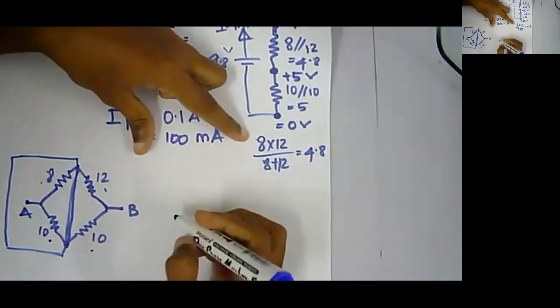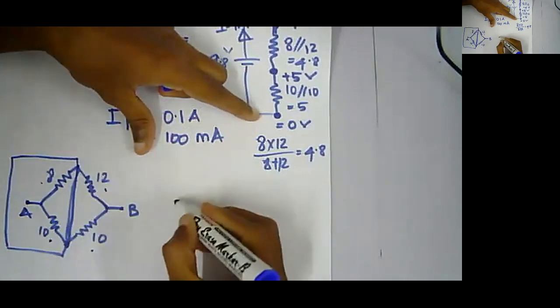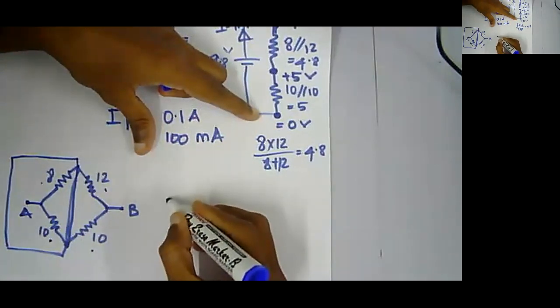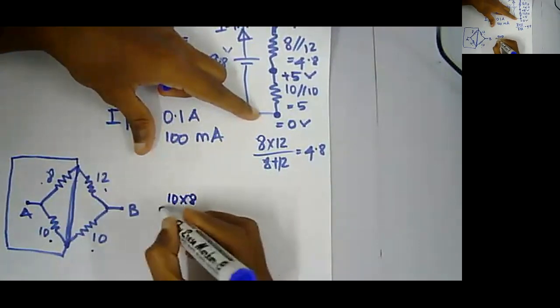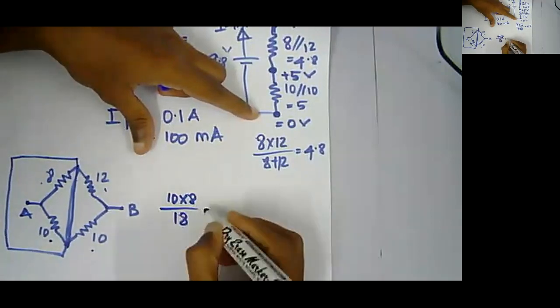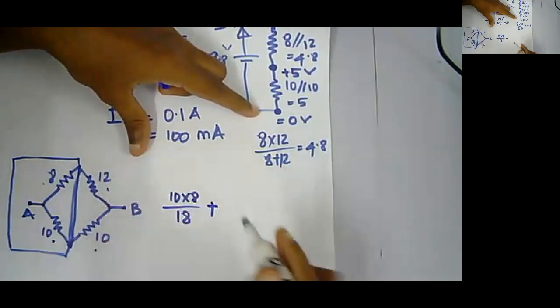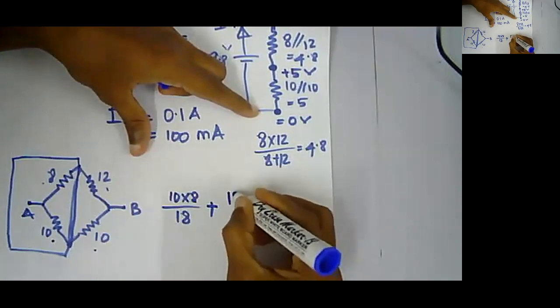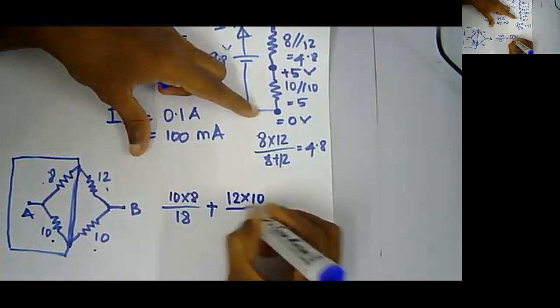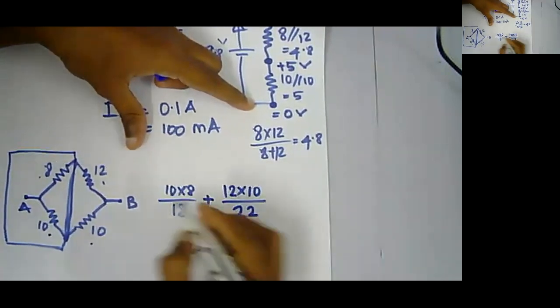So I can rewrite this as 8 parallel 10 will be 10 into 8 over 18, plus 12 parallel 10 will be 12 into 10 over 22, right?